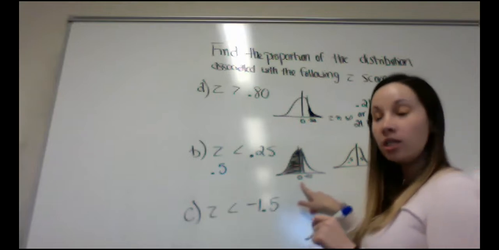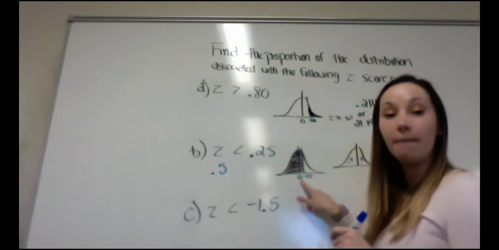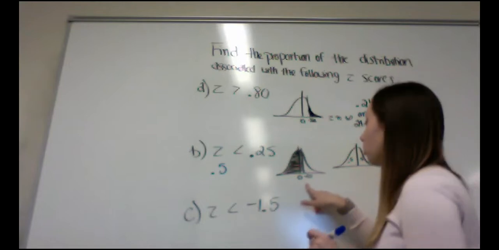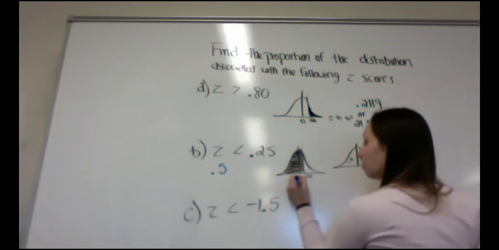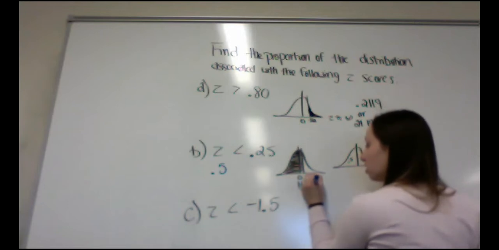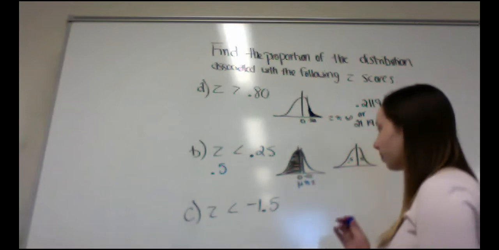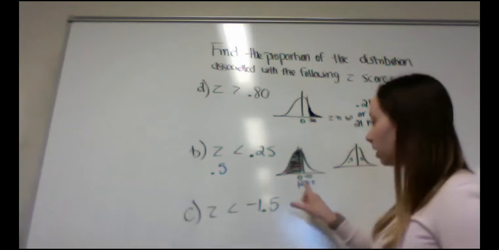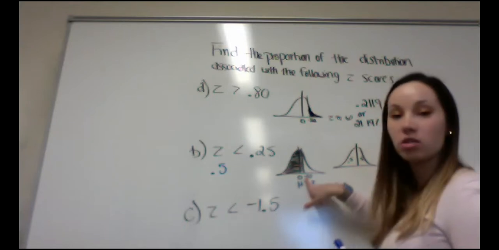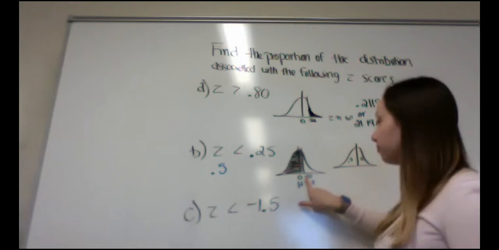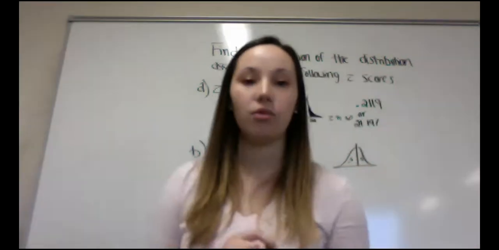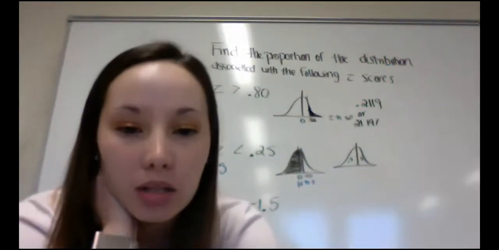So in order to find that, we look at the mean to z column in our z distribution table, which is column B. That's going to give us what proportion of the distribution falls between 0 and 0.25, which is a really, really tiny piece. So it'll probably be a very small number. Let's go ahead and move to the z table and see what the number actually is.